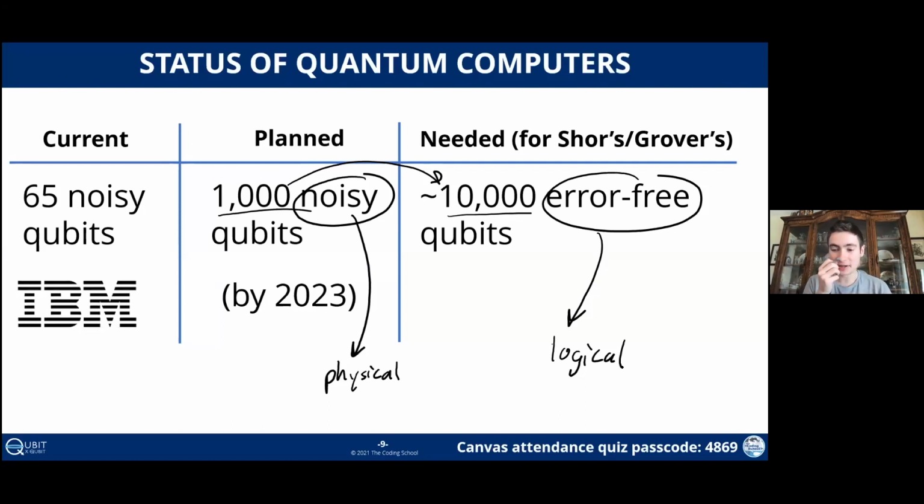So somebody's question here says, isn't Shor's error correction code, so not to be confused with Shor's algorithm, Shor also came up with an error correcting code. It needs 9 physical qubits for 1 logical qubit. Exactly. Yes. And so if you use Shor's error correction code, then for these 10,000 error-free qubits, you would need 90,000 noisy qubits. There are other error correcting codes that deal with more errors, though.